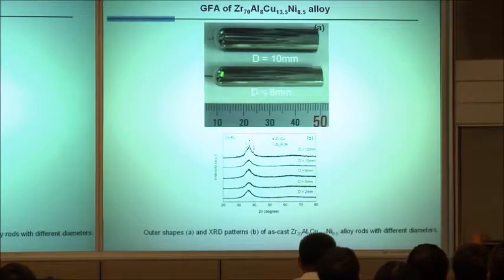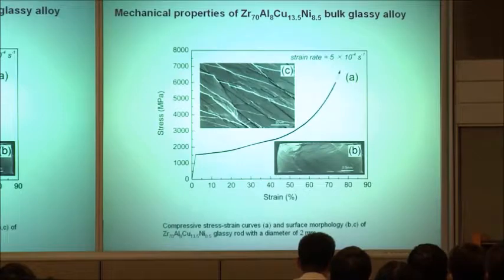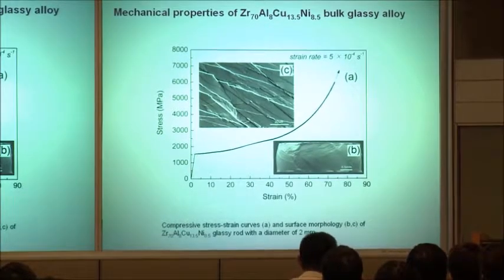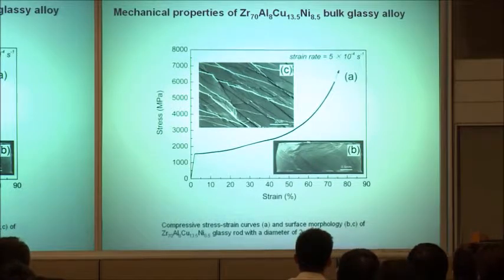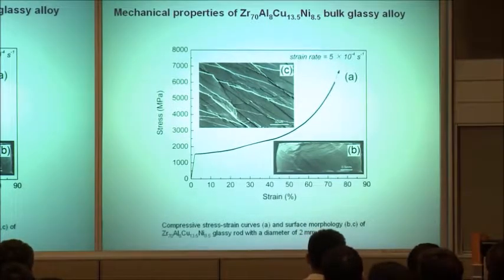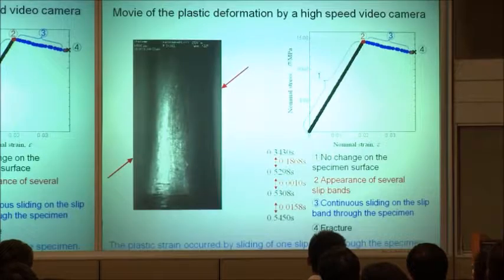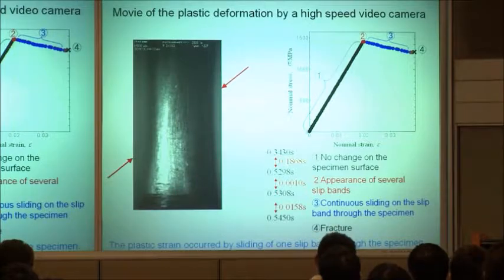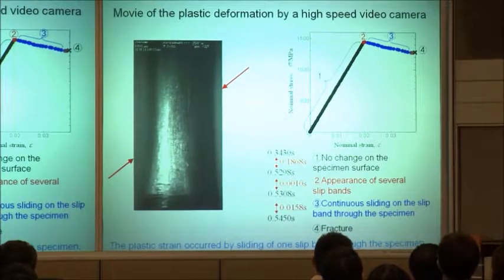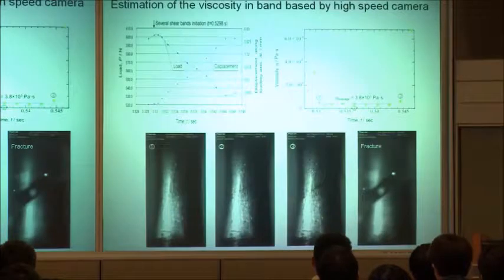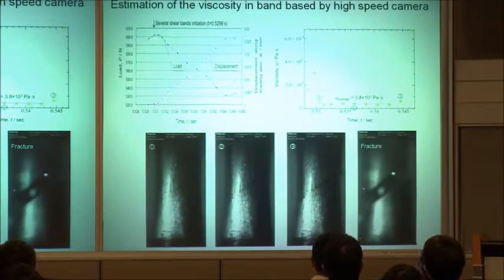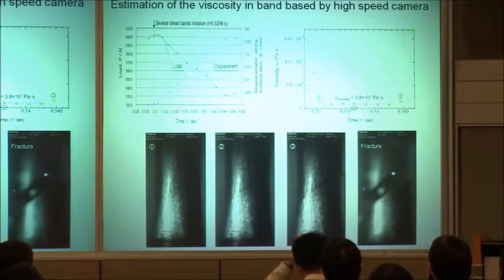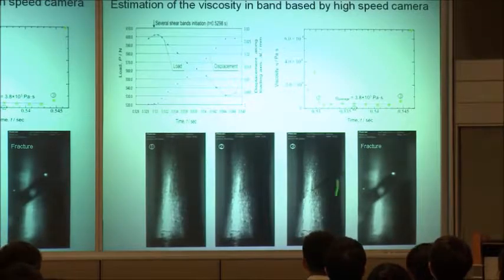We can get centimeter-class bulk samples even for the 70% zirconium. This alloy shows very good, high compressive ductility. Therefore, we examined the tensile deformation behaviors by using a high-speed video camera, and we were able to record the load and displacement during the tensile deformation.